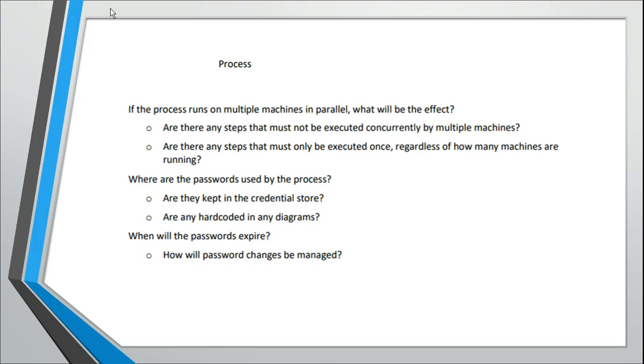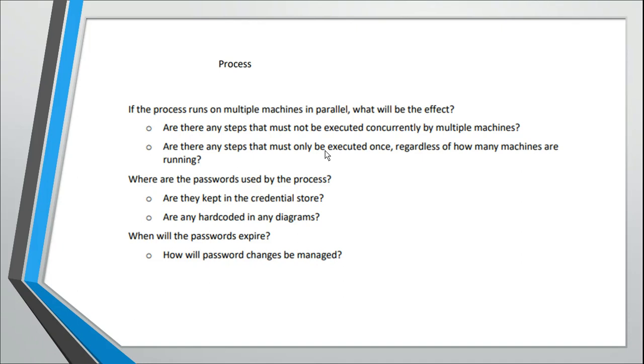The third question is, if the process runs on multiple machines in parallel, what will be the effect? Suppose your process involves banking, finance or audit, and it is running on multiple machines in parallel. What will be the effect or the impact? These details have to be mentioned in the solution design, along with proper solutions for multiple machines in parallel.